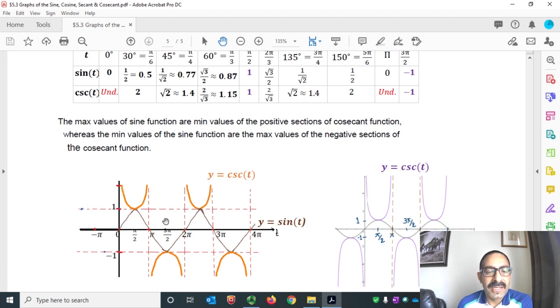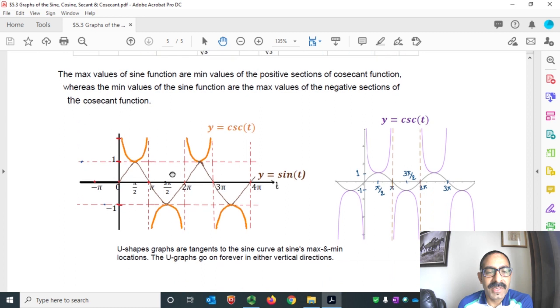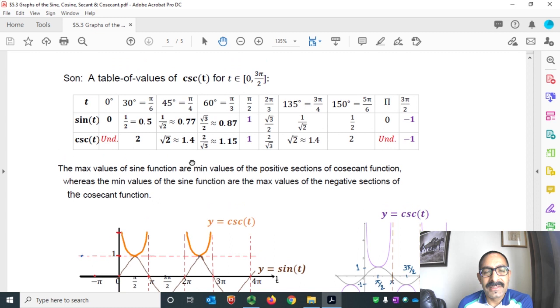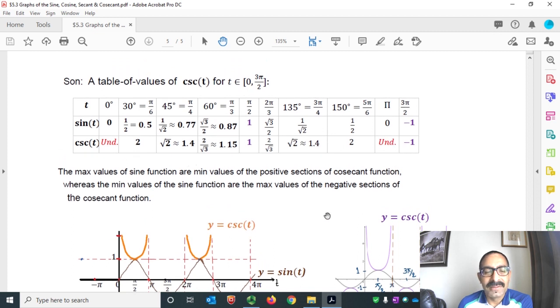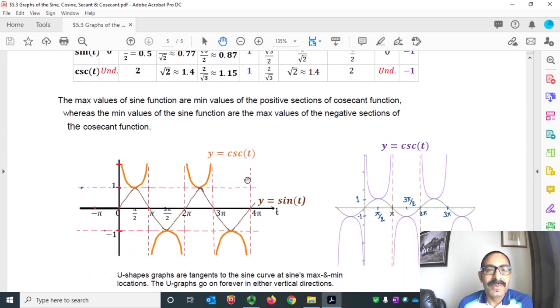And at pi half, sine pi half is 1, cosecant pi half is also 1, so they are tangent there. At pi, sine pi is 0, but cosecant pi is undefined. So now we have this U-shaped graph.